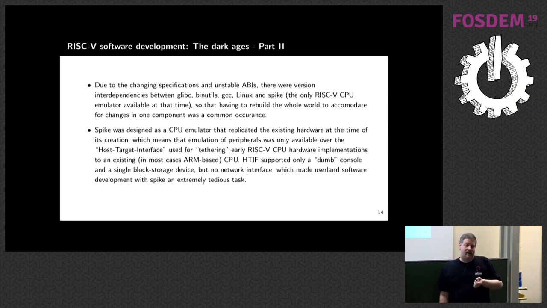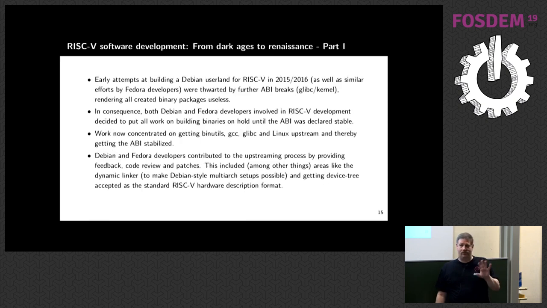Due to the ABI breaks and the incompatibilities in the toolchain, all early attempts at actually building packages were not successful. So both Fedora and Debian developers chose instead to work on getting stuff upstream and getting binutils, GCC, glibc and the kernel stabilized, so that we have a stable ABI and can be sure that stuff we build today still works tomorrow.